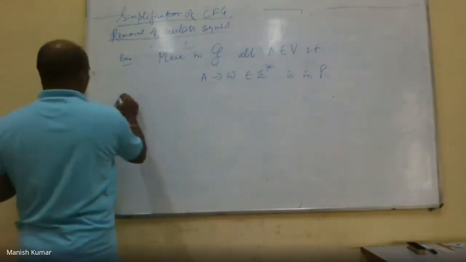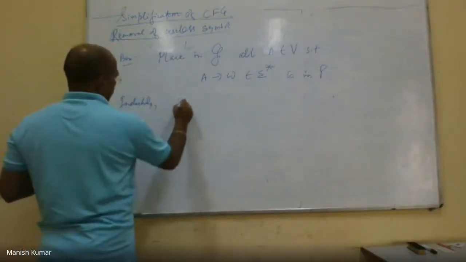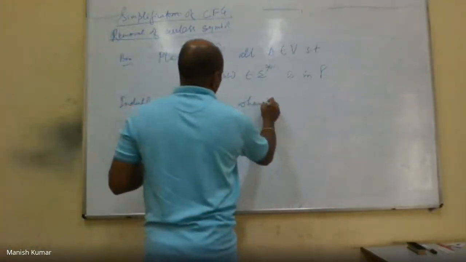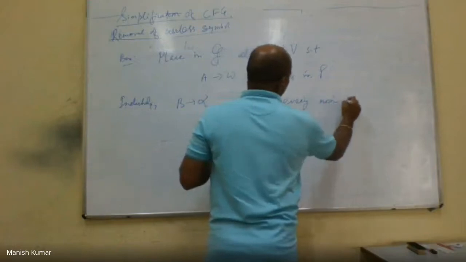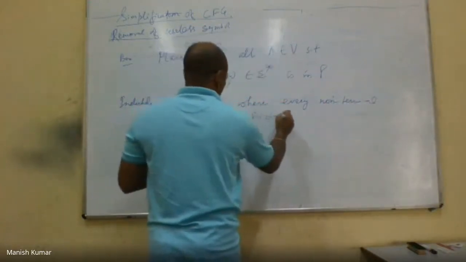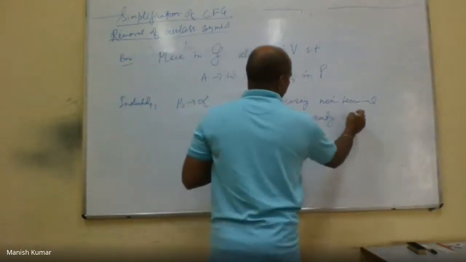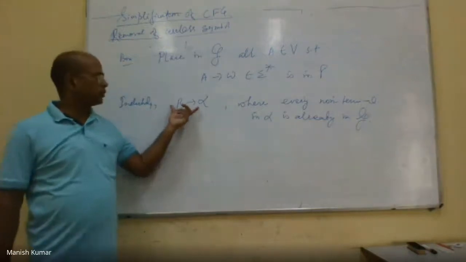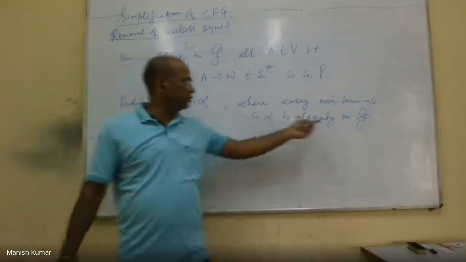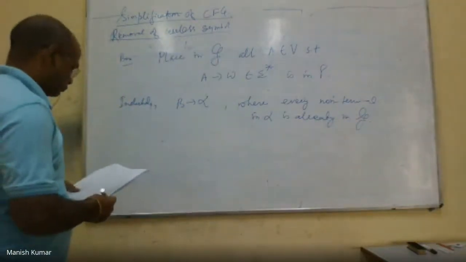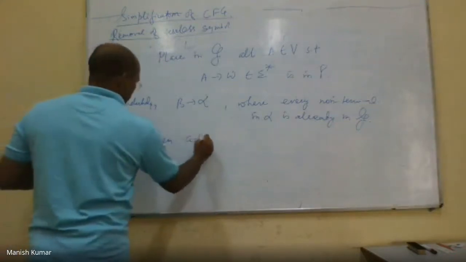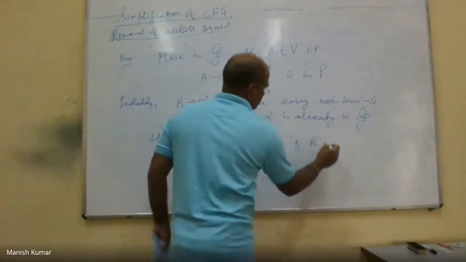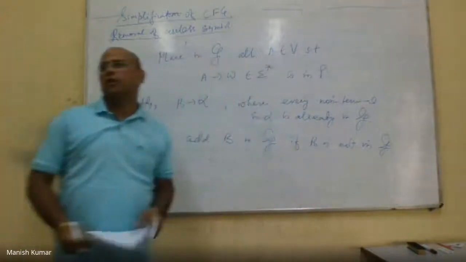Now, inductively what we can do: suppose B defines alpha, where every non-terminal in alpha is already in G. Suppose you have such production rules, where whatever non-terminals are in alpha are already in G. Then add B in G if B is not in G. That means repeating is not allowed.